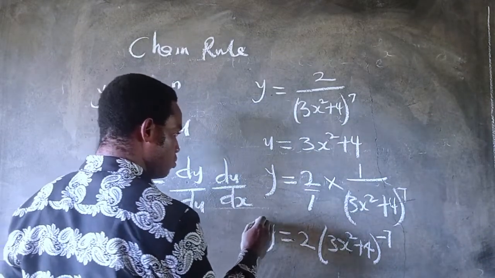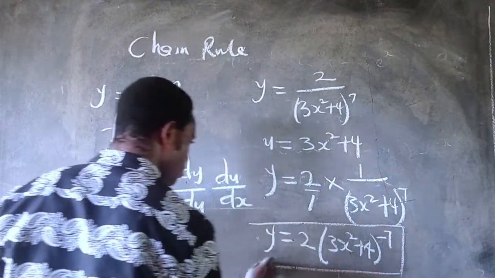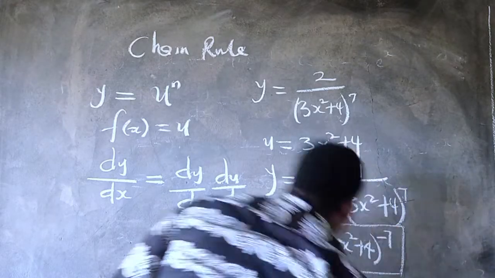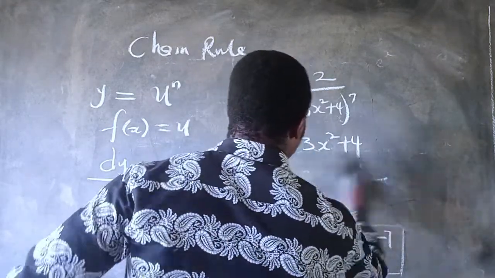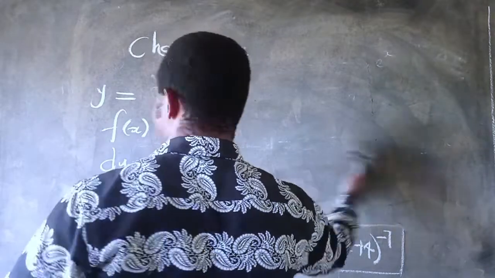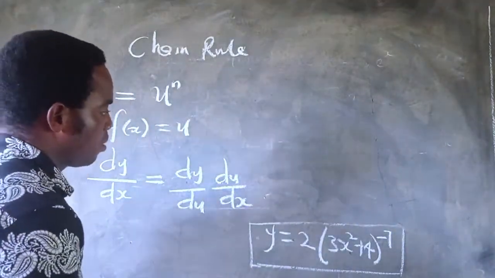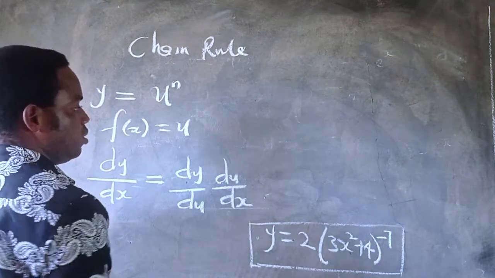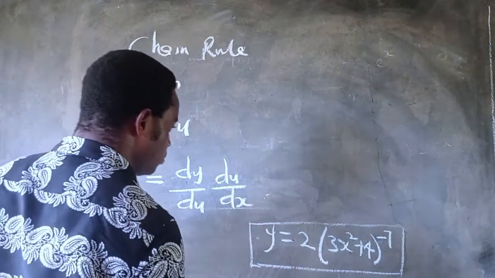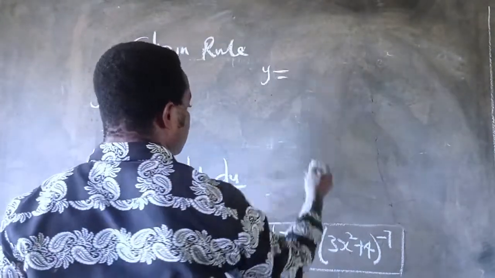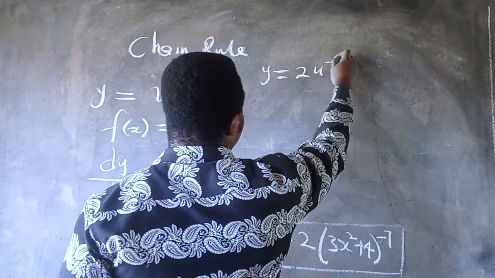So now you will notice that this is of the form y equals u raised to the power n. So this is the expression we have to go on and differentiate. So in this problem, we've said earlier on that u is 3x raised to the power 2 plus 4.